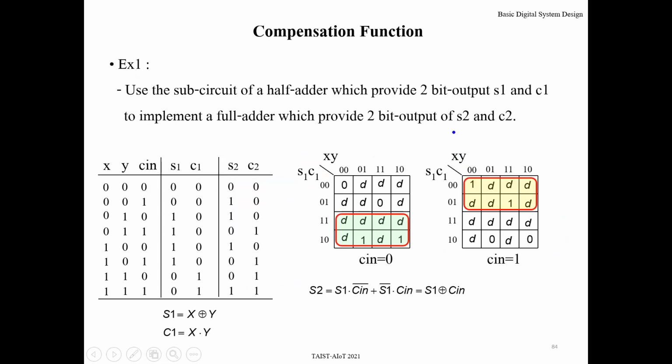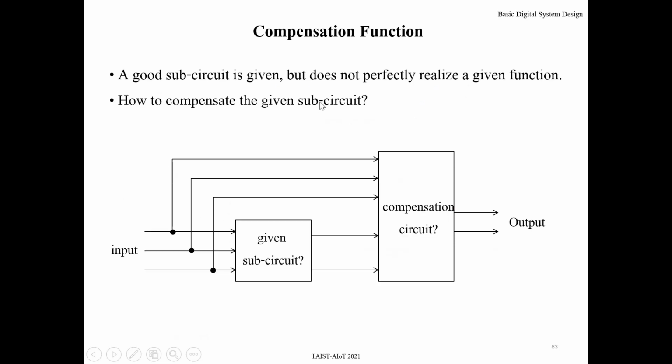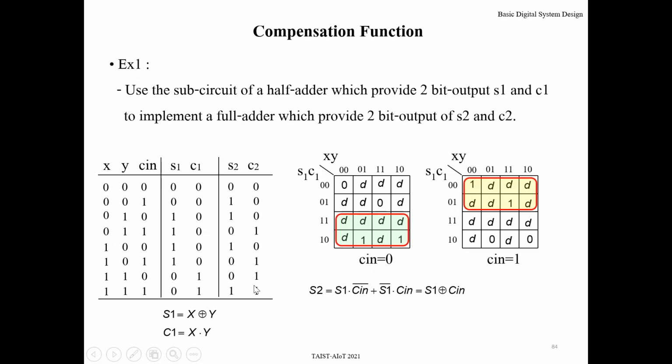If your sub-circuit is a half adder, that means you have as input maybe X, Y, and carry in, something like this, and the output is S1, C1.